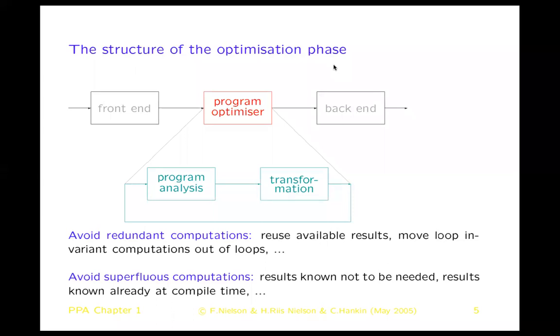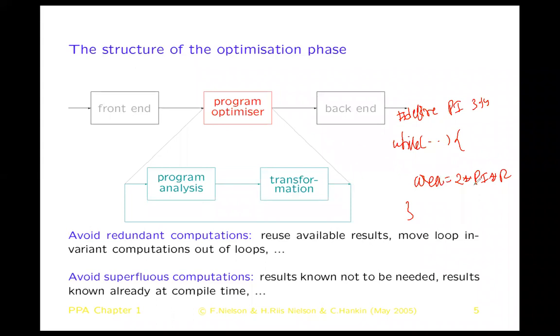For example, you have a while loop, and in the while loop you are computing the area of a circle, which is something like 2 pi r, and somewhere up here you have #define pi equal to 3.14 or something.